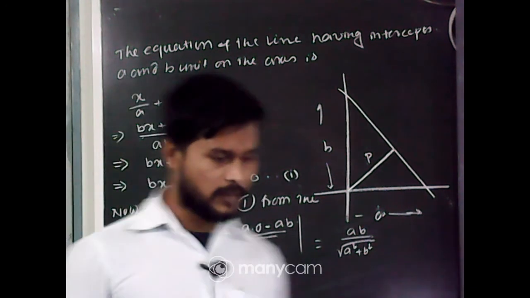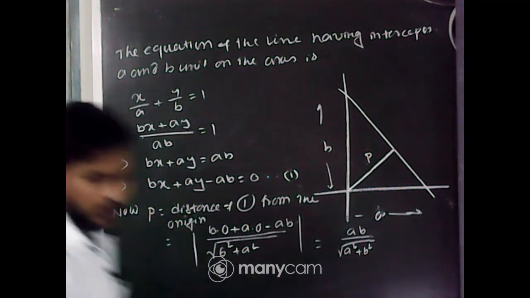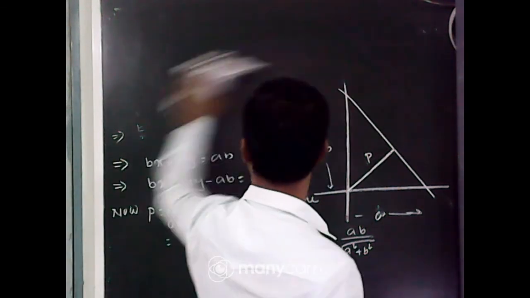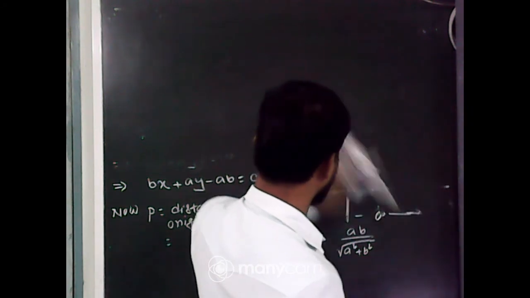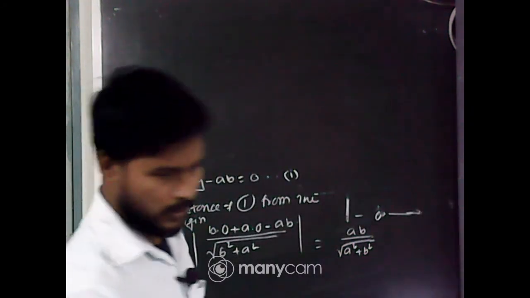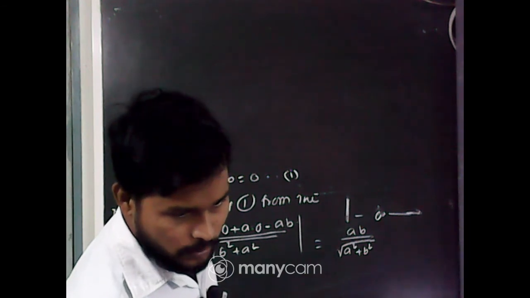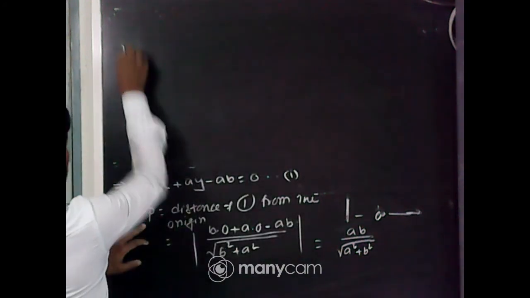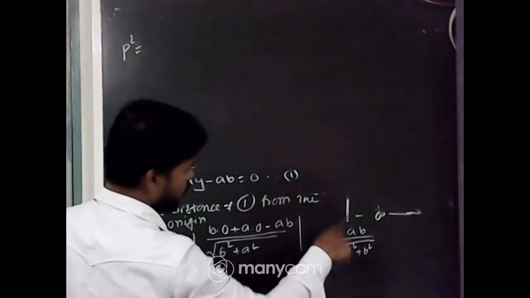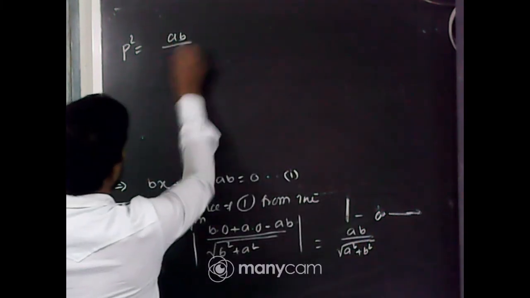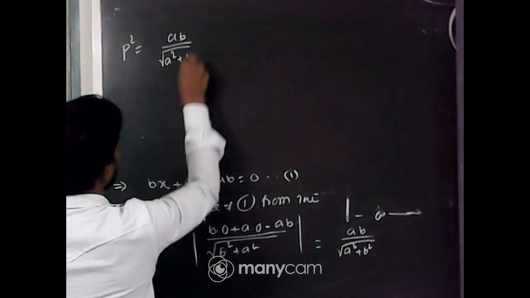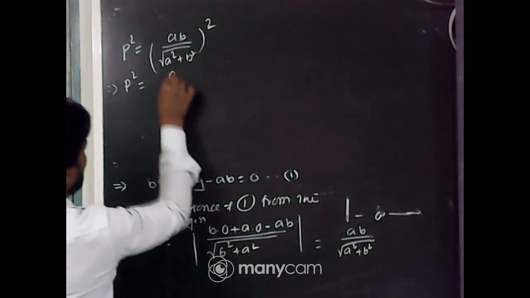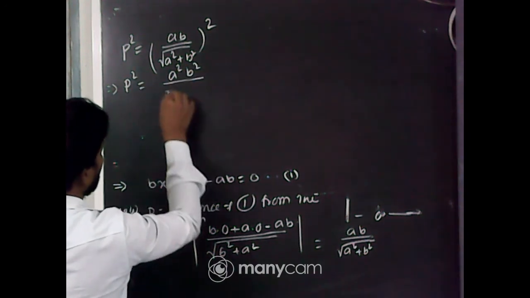Now do one thing, make it square. Squaring both sides we have p square is equal to AB by under root of a square plus b square, whole square, which implies p square is equal to a square b square by a square plus b square.